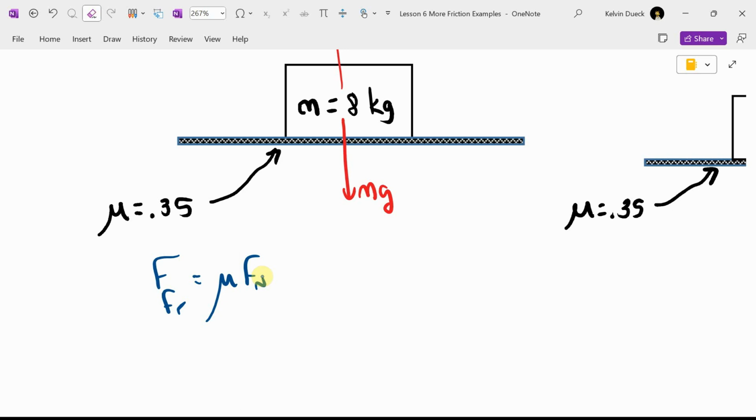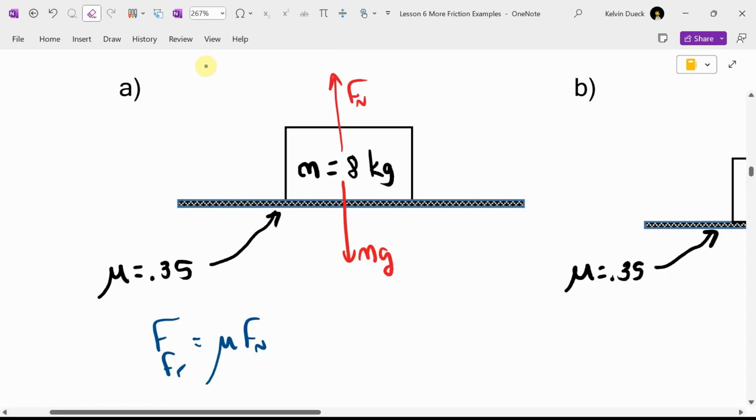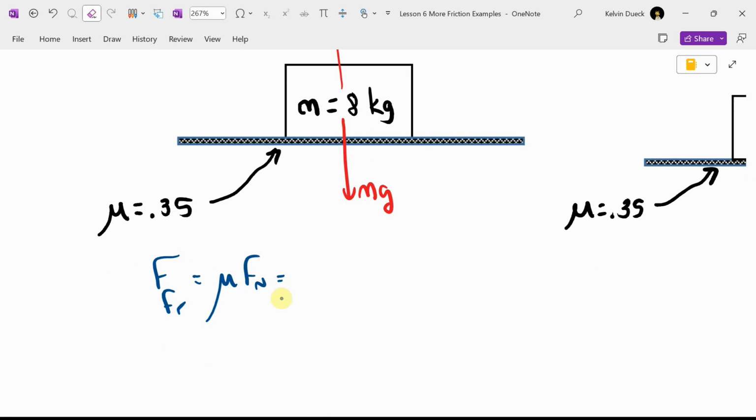But what's going to change is the normal force. I don't know the normal force. Oh, but look, the force that is the same size as the normal force, which one? Which force is the same size as the normal force? So we can say for this particular situation, it's going to be mu mg.